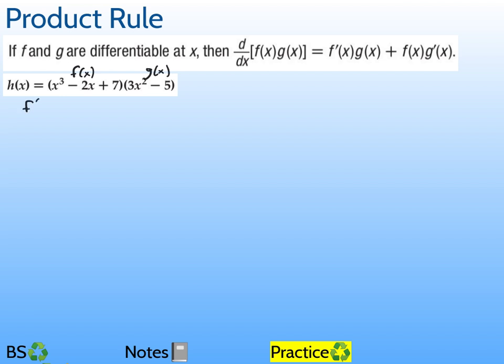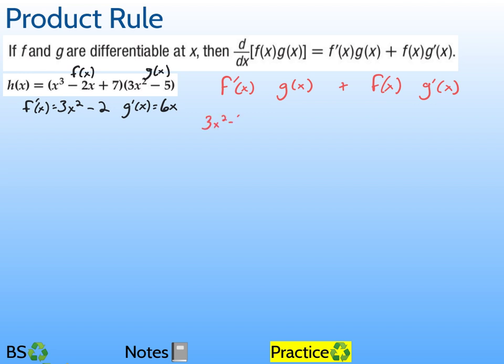So f prime of x is 3x squared minus 2, and g prime of x is just 6x.